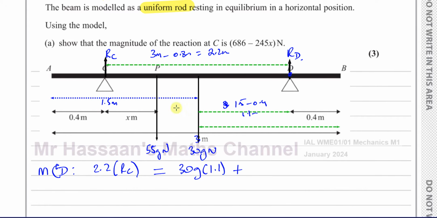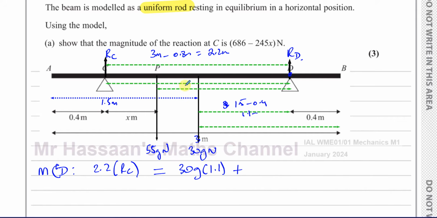Now we need to find the distance between this support D and P. Now I know that the distance between the two supports, as we worked out earlier, is 2.2. So the distance between here and here is x. So this distance here is going to be 2.2 minus x.